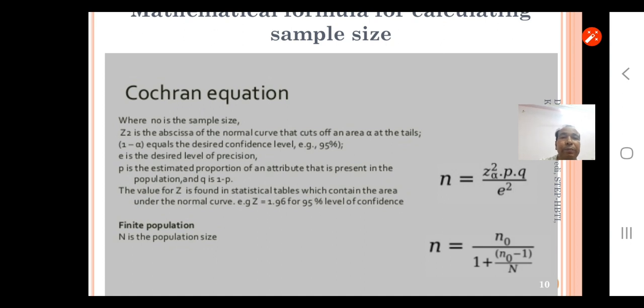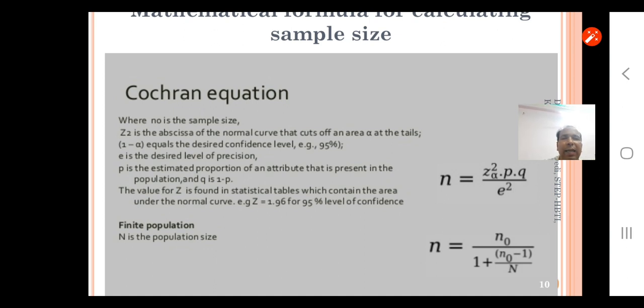So now I can apply the formula, that is, small n equal to Z square into P into Q upon E square. E is what? E is the desired level of precision, how much precision I want. That is the value of E: 0.5%, 5%, 7%, 10%, that is plus minus.